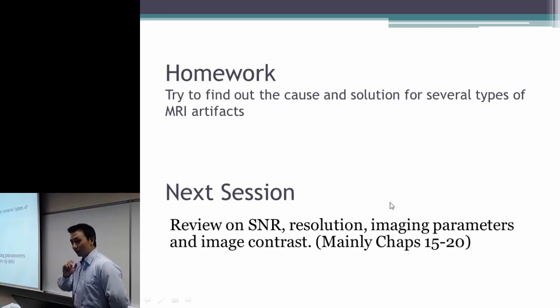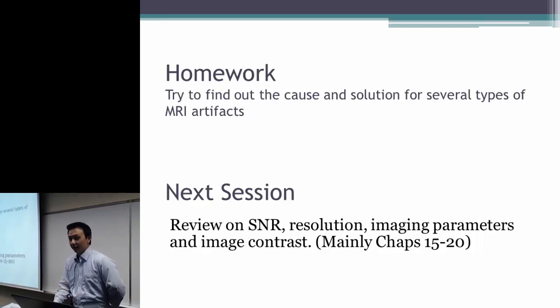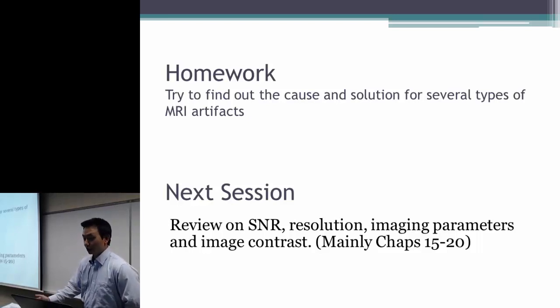Okay, so for this section we don't have any specific homework, but if you are interested in MRI artifacts, you can try to find a couple of examples and find the cause and the solution to those artifacts. For the next section, we'll do some reviews.